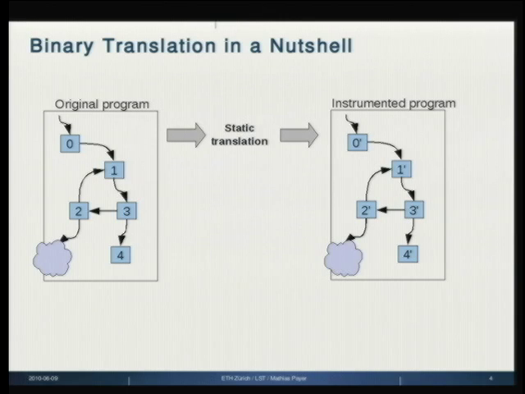So all the instrumentation is already present in the program when it is started, and everything is done statically. The only runtime overhead that we have is due to the added or changed instructions. But we see a little cloud over there.